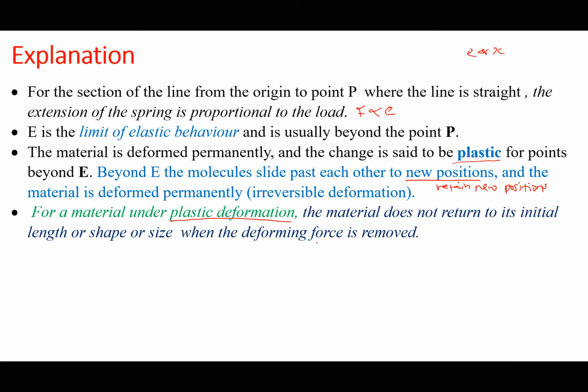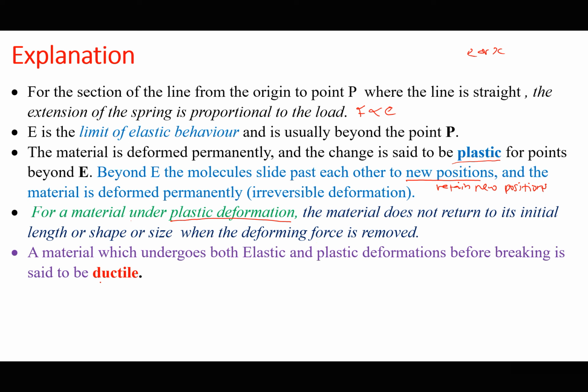That's what we call plastic deformation. And by the way, even though we are not supposed to talk about this, such a material is going to be called ductile. For examination starting from 2022, you don't need to know about the different types of materials, but such a material is said to be ductile. Any material which undergoes both elastic deformation and plastic deformation before breaking is going to be considered ductile.